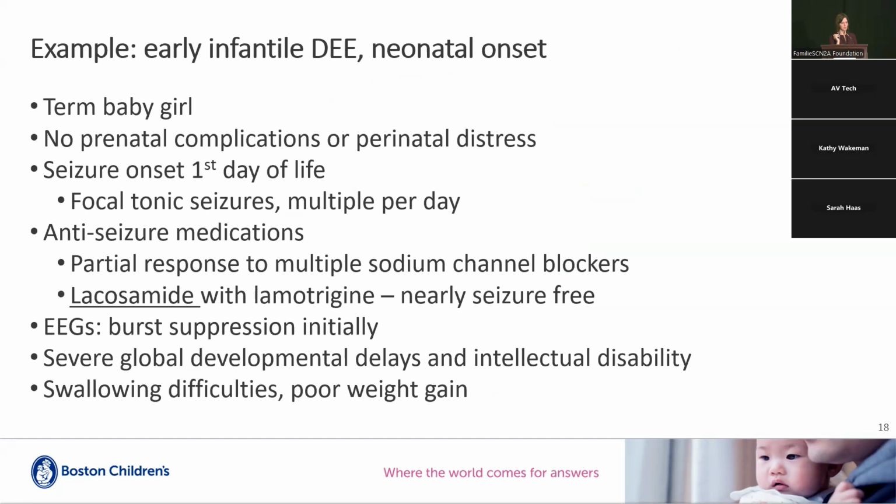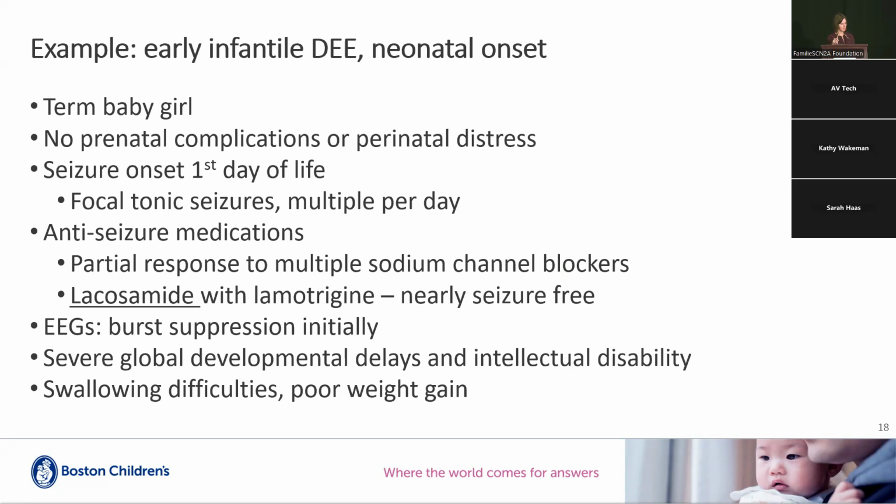So here's just another example of early infantile DEE, a term baby girl, no prenatal complications, no problems around the time she was born. But she had seizure onset right on that first day of life, with focal stiffening type seizures, multiple per day. She had partial response to multiple sodium channel blockers, and it took a very long time to get any seizure control.